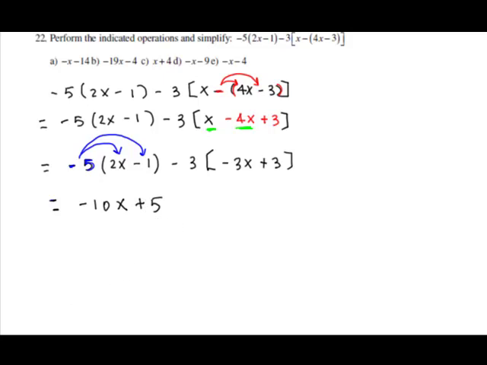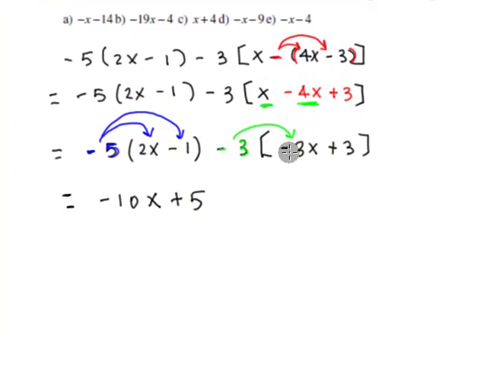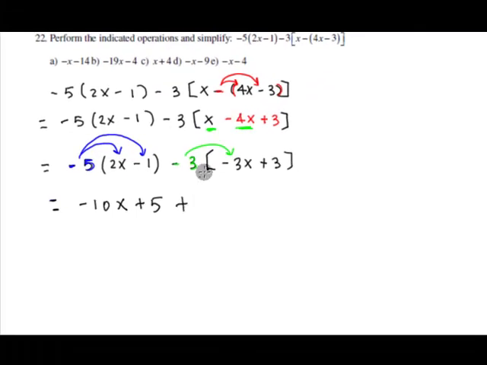Now the second term is negative 3 times negative 3x plus 3. So I go negative 3 times negative 3x. Negative times negative is positive, so we predetermine the sign first.